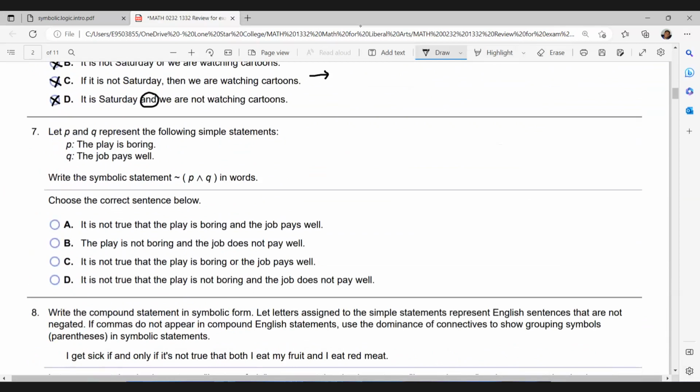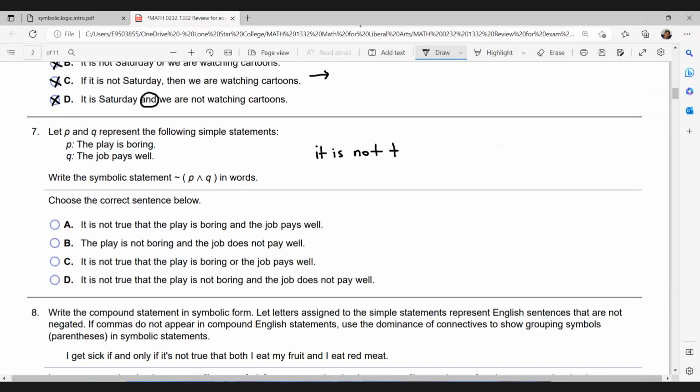Oh, okay, it seems like we're negating a compound statement. What is common to do when we see a negation and then a parenthesis, with some sort of compound statement inside, is to begin with "it is not true that."